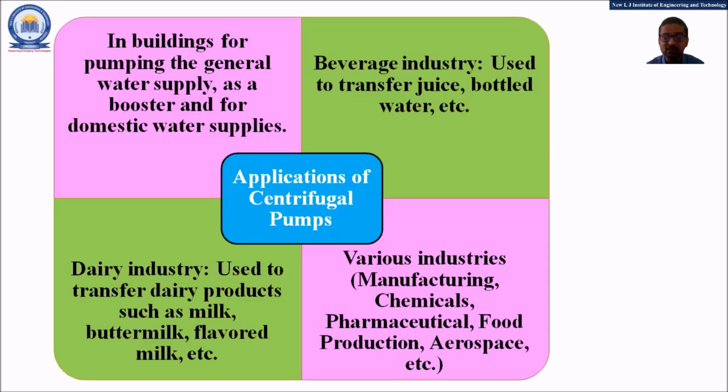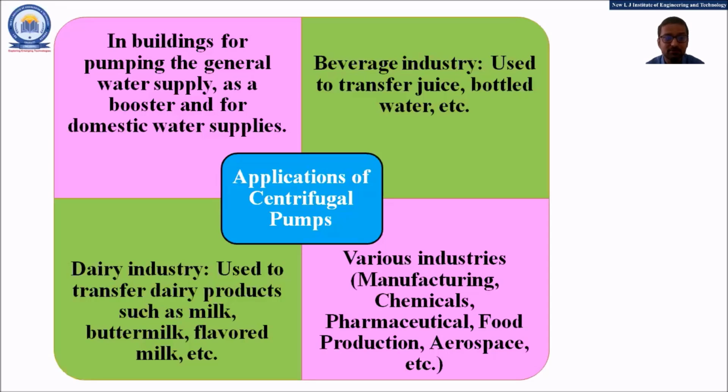Another application is in various industries. The various industries can be considered as the manufacturing industry, the chemical, the pharmaceutical, the food production, the aerospace industry, etc. So for different applications of transferring liquids, centrifugal pumps are used in such various industries.